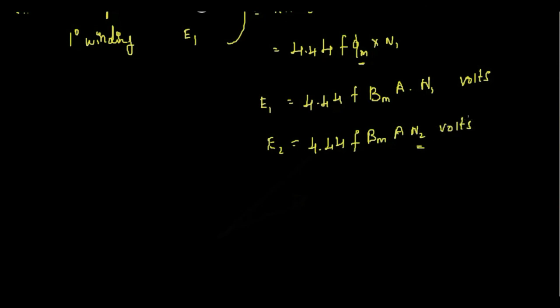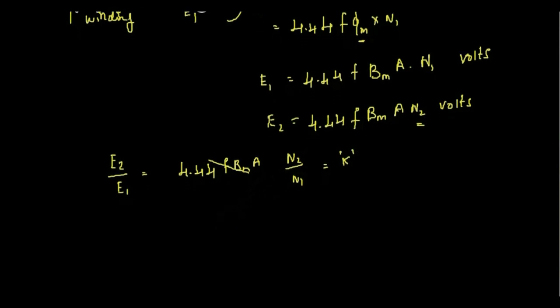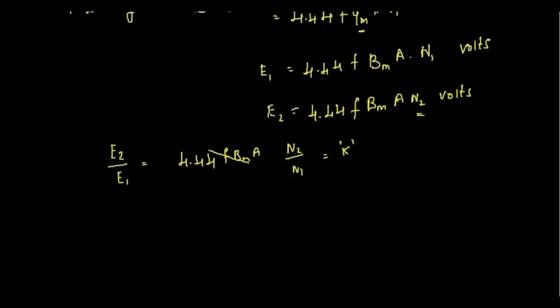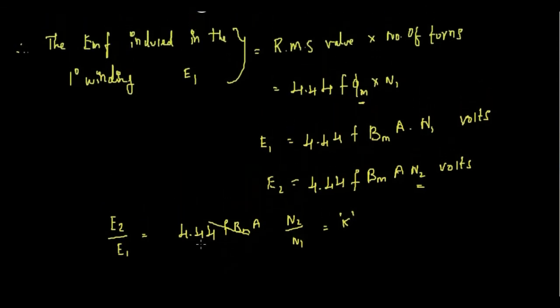If you divide the two equations, E2 and E1, the common terms 4.44 f phi m or Bm A get cancelled. The remaining terms are N2 divided by N1. This gives you the transformation ratio, K. K stands for the voltage transformation ratio. It determines how much voltage is transferred and how efficiently the system is able to transfer.